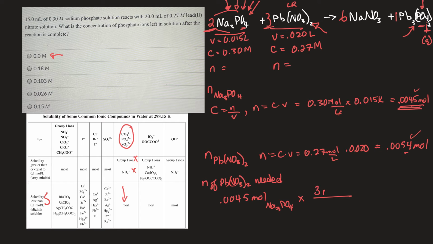So it'll be 3 moles of the lead over 2 moles sodium phosphate. It's a pain writing that every time. Okay, so if I have 0.0045 and it reacts just according to our mole ratio, let's see what we get. So 0.0045 times 3 divided by 2.